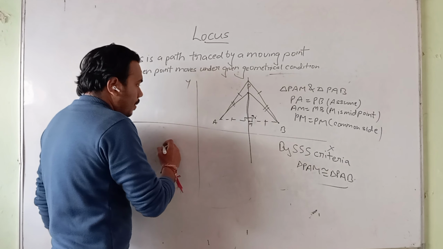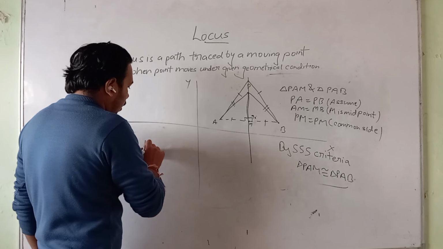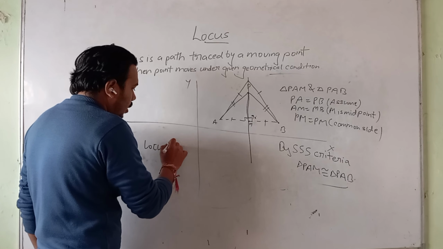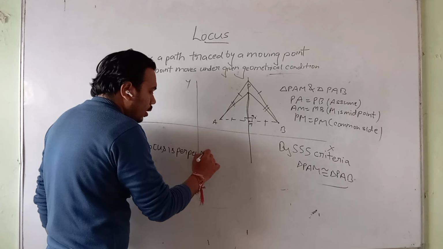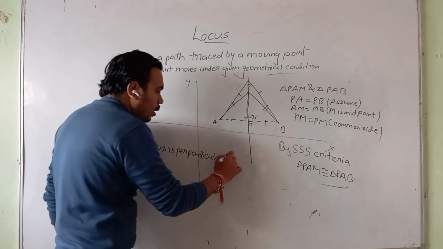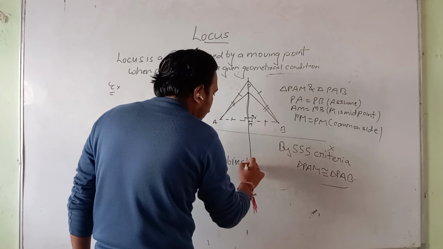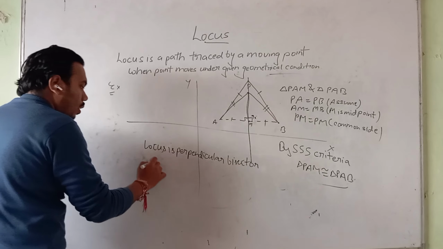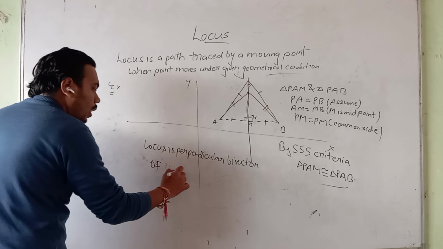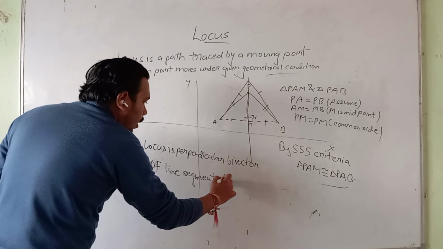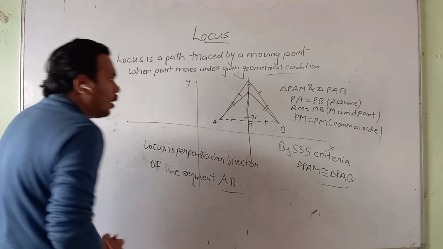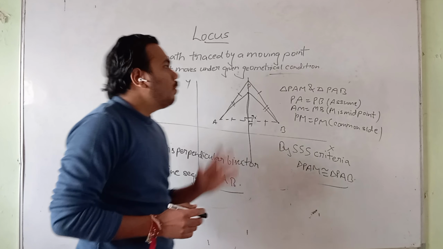Therefore, locus is the perpendicular bisector of line segment AB. Thus, this is the meaning of locus.